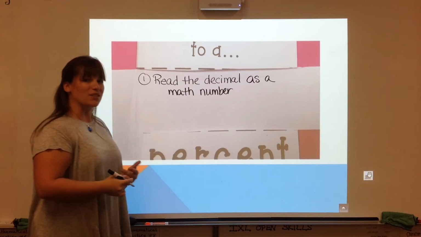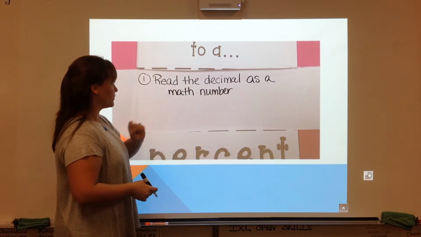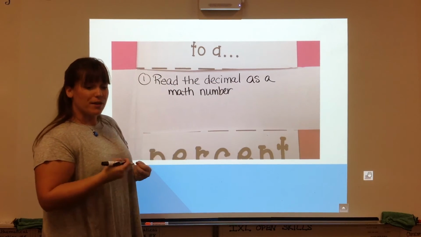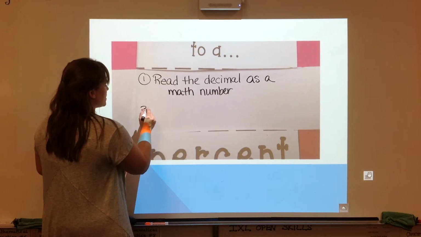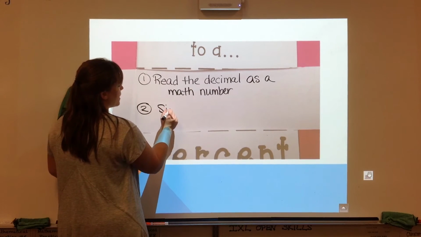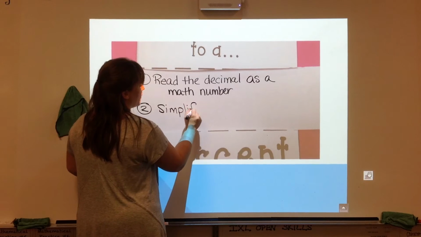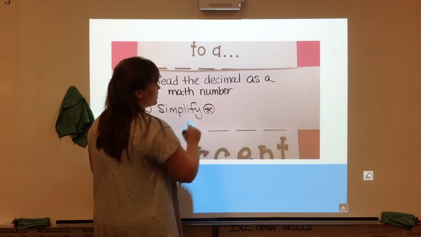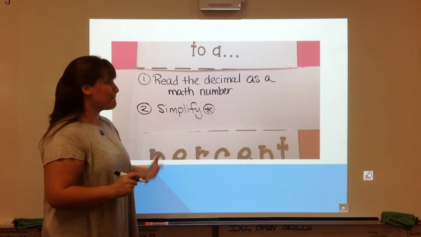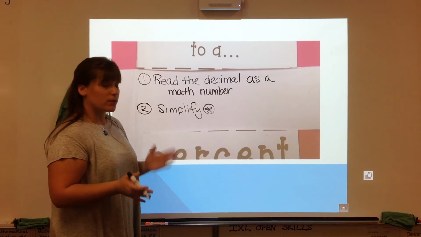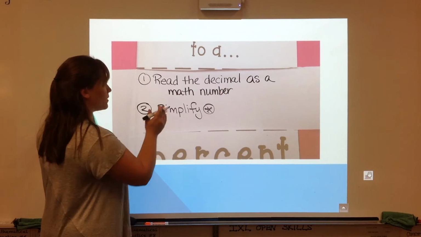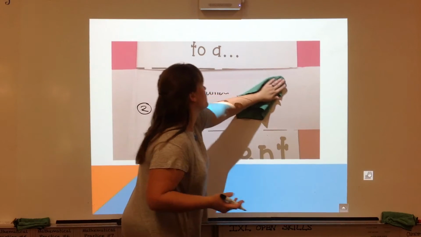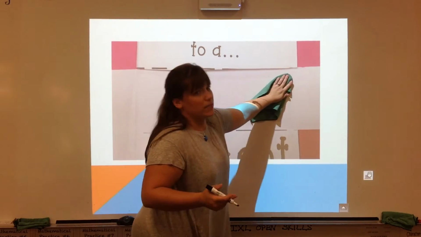I'll show you what that means when we actually do an example over there. Then, after you've read the number, you might need to simplify the fraction. It's always a good idea, if possible, to simplify it. And those are the 2 steps. So we're going to go right over to the right and practice these steps. Converting a decimal to a fraction.